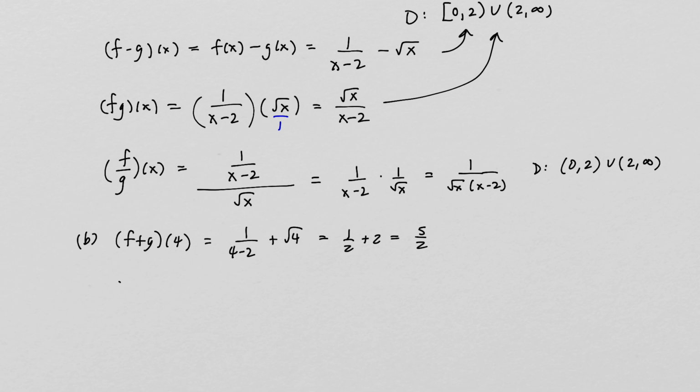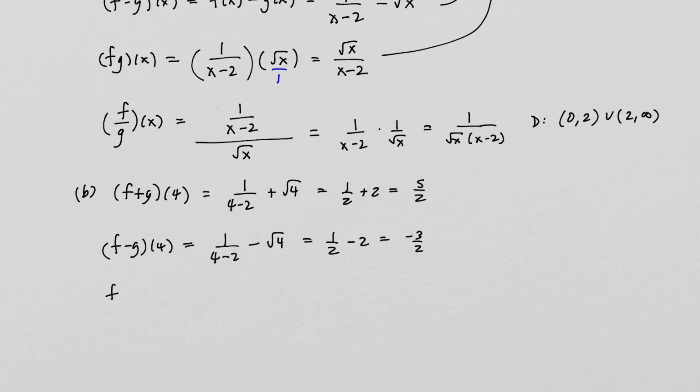For the next one, f minus g of 4, it's exactly the same thing, just with a minus sign here. And so that's going to be 1/2 minus 2, which is negative 3/2. For f times g of 4, we're simply going to plug 4 into the product function right here.